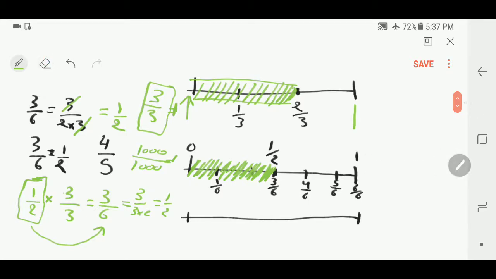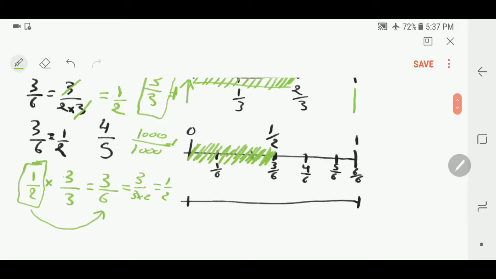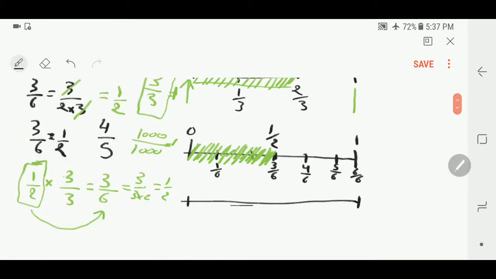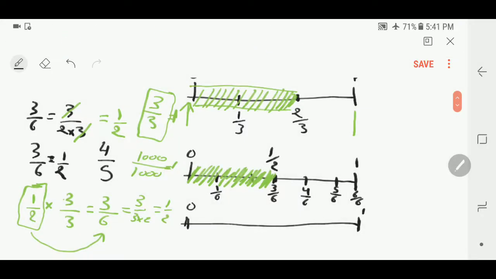So now I'm gonna do 4 over 5 on the bottom one. So how many sections am I gonna cut this into, from 0 to 1, for 4 over 5? Here you go.